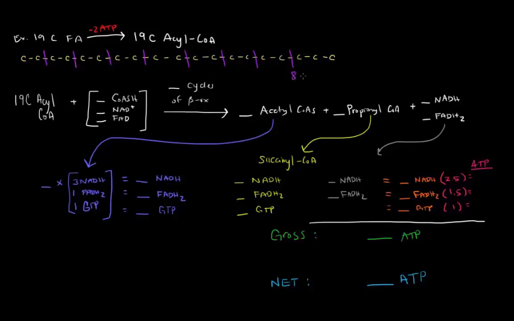So we have 8 cycles of beta oxidation that we're going to consider. And then how many acetyl-CoAs do we make? 1, 2, 3, 4, 5, 6, 7, 8 acetyl-CoAs. And then right here we have 1 propenyl-CoA.